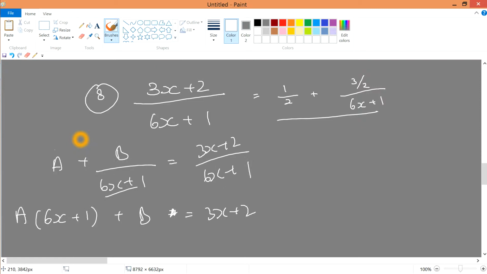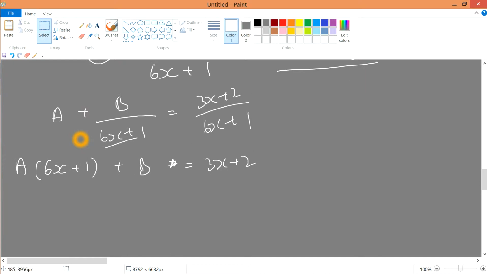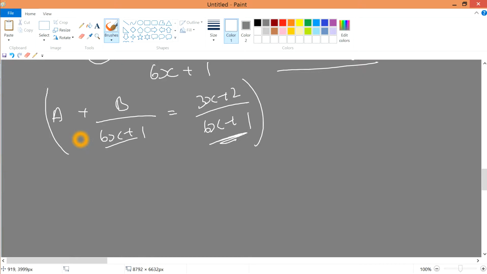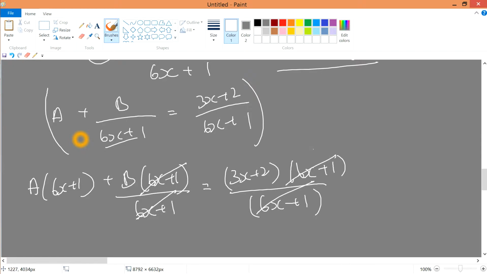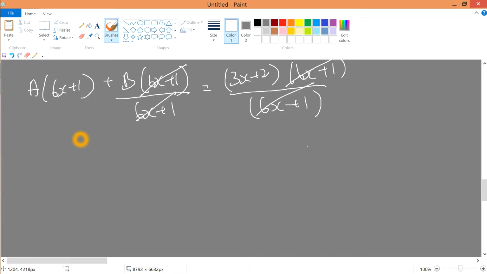I repeat again because I think I didn't explain it well enough. I multiply this whole thing by the denominator term, 6x plus 1. So I will have a times 6x plus 1 plus b equals 3x plus 2 times 6x plus 1. Then I cancel, because they are all 6x plus 1.